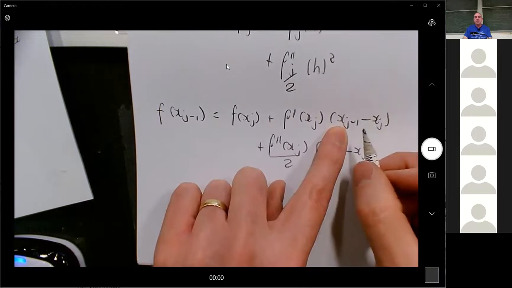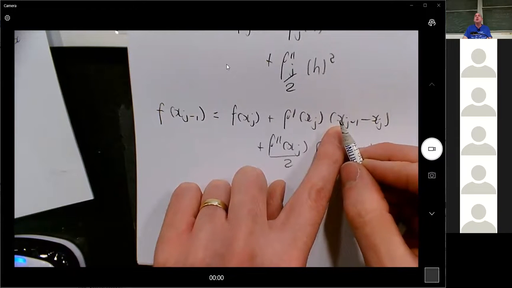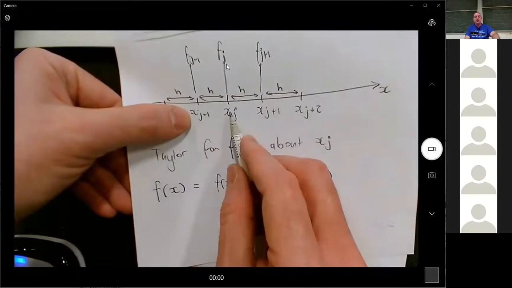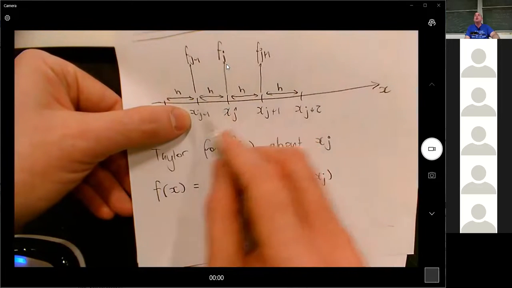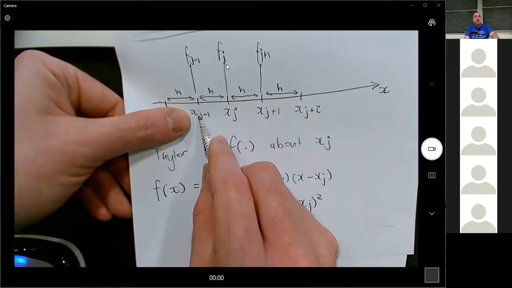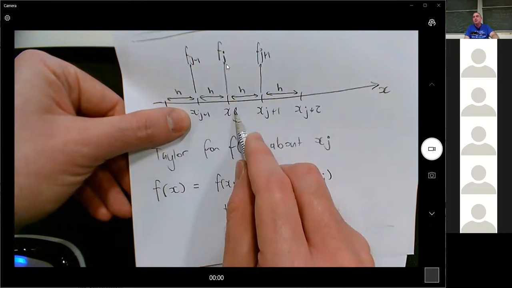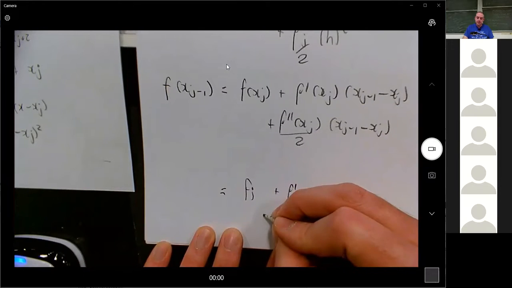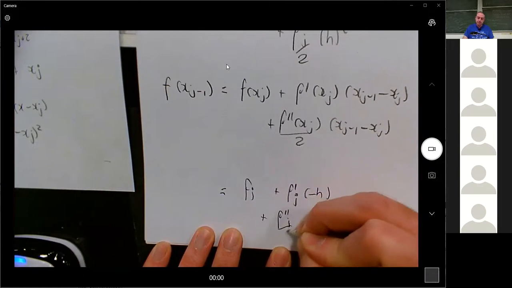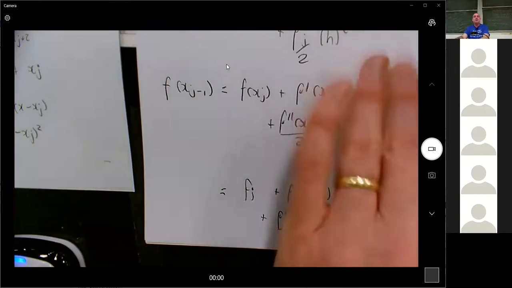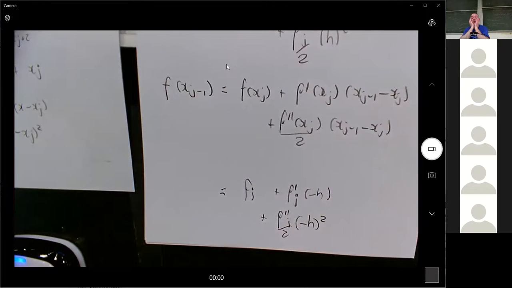This is the journey from xj to xj minus 1. Like xj minus 1 is here, minus xj will be a negative h because it's going the wrong way. Like that number minus that number is h, and so that number minus that number is minus h. Possibly with some other stuff, there's some pluses here that I've probably missed out.